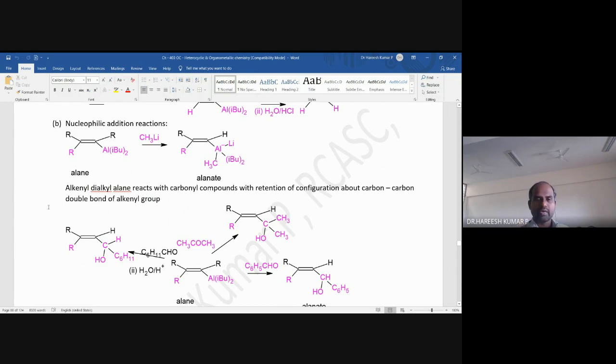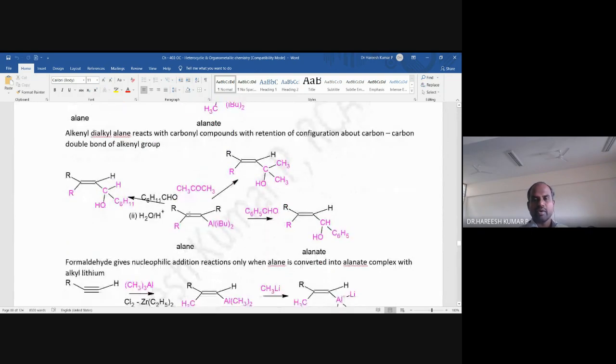So here I am taking one alkynyl dialkyl alane. Alkynyl dialkyl alane, when it is treated with acetone. When it is treated with acetone, what will it form? More particularly, this is acetone in presence of methyl lithium. So methyl lithium, what will it do?